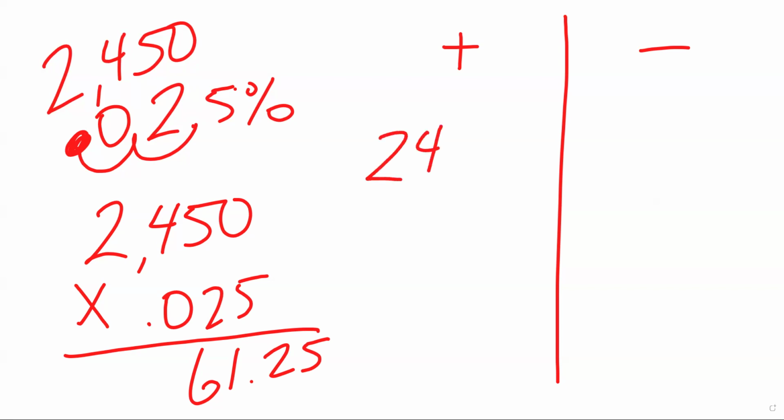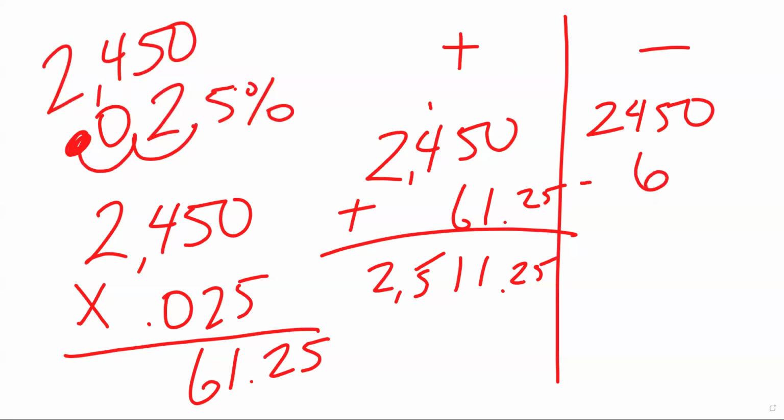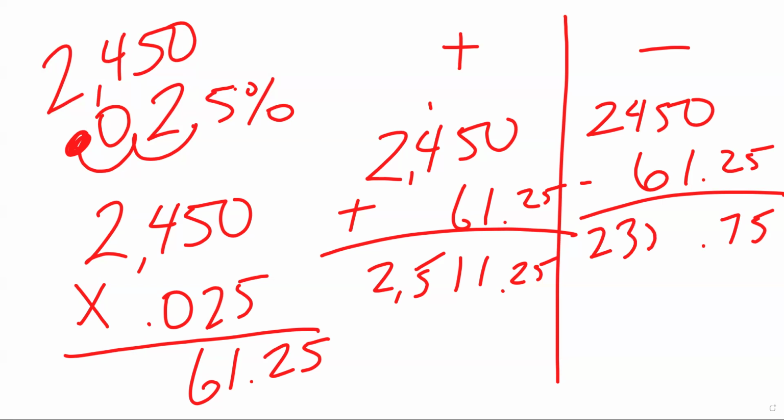And so if we go 2,450 plus 61.25, that's 2,511.25, and then we'll also subtract, that's going to be 0.75. Let me use my calculator. 2,388.